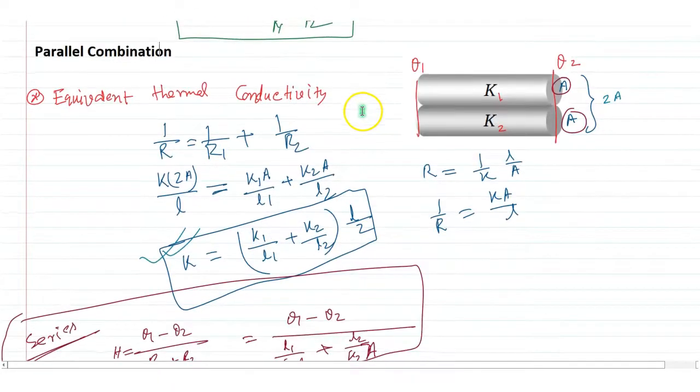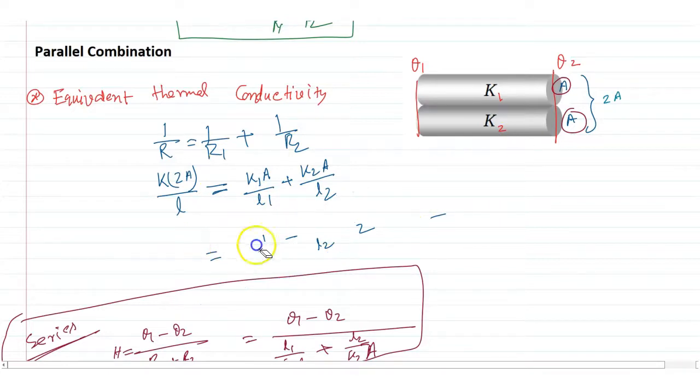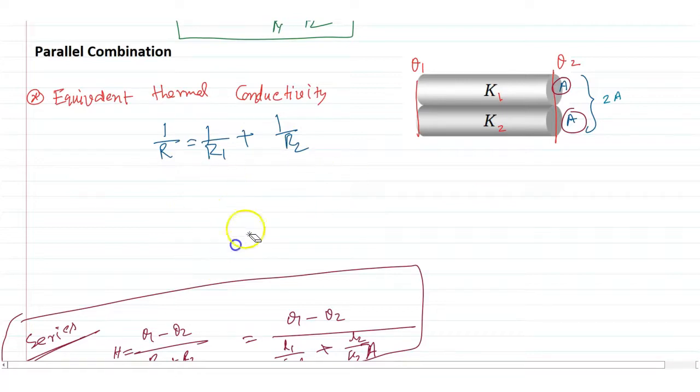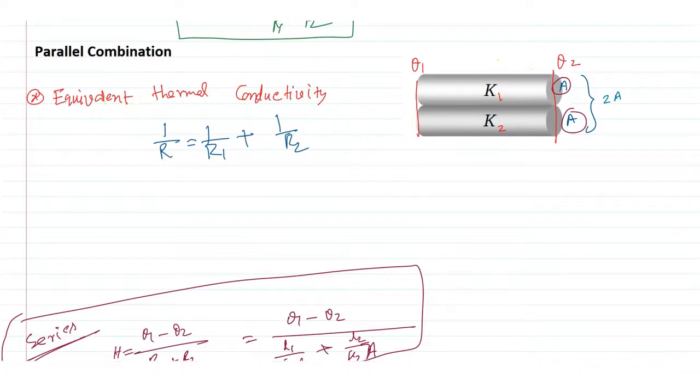Parallel combination: if R is the equivalent resistance, then 1 by R equals 1 by R1 plus 1 by R2. Here K1 and K2 are the conductivities, so you can calculate the equivalent thermal conductivity.